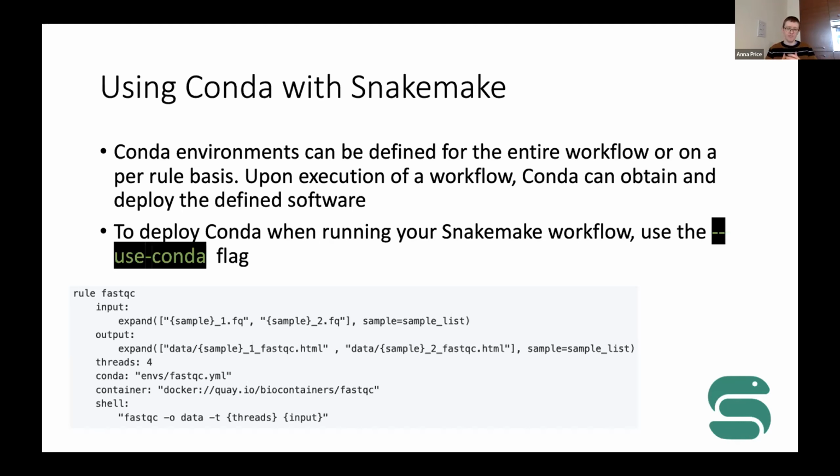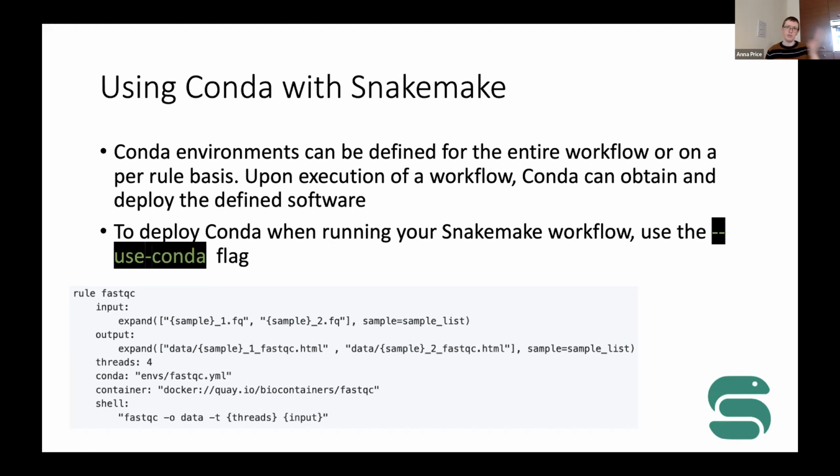So it's better to define the Conda environment for each rule, which in practice means a different Conda environment for each piece of software. This is what it looks like in the FastQC rule from before. You just define your Conda directive pointing to a YAML file for FastQC. And what Snakemake then does on the execution of the workflow, the first time you run the workflow, it will build that Conda environment for you.